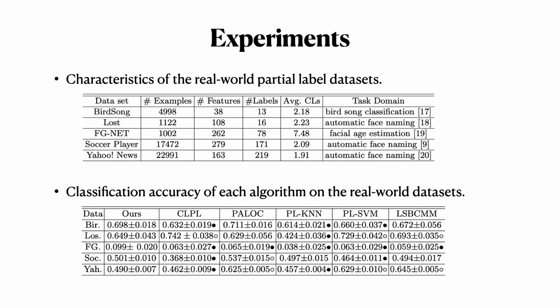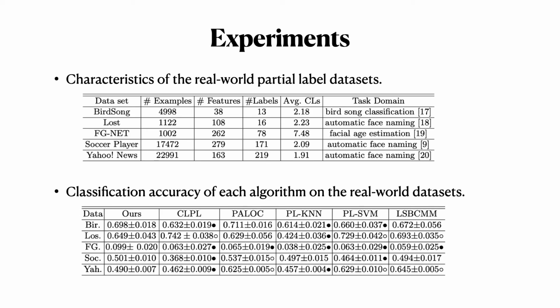The second table shows the mean classification accuracies of our model and compared methods. We deploy pairwise t-test at 0.05 significance level to investigate whether our model significantly outperforms the compared methods.